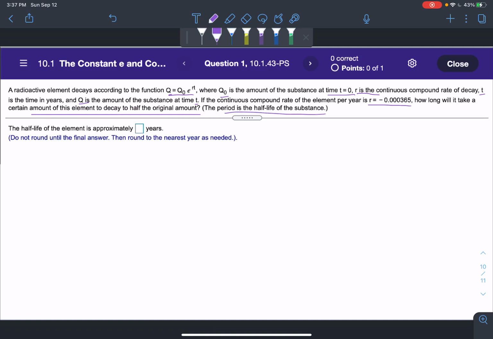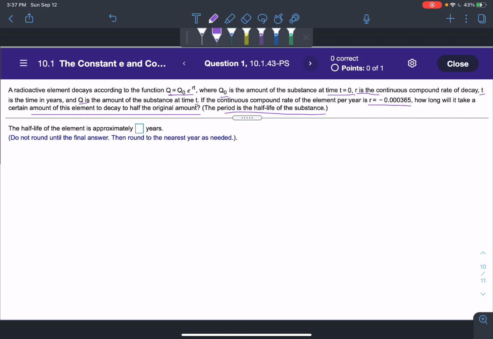So in the other questions, we were given an A, a P, and we knew e, and then r and t, right? But here, we're really missing the Q and the Q naught, because we know what R and T are. But I'm going to say that we don't actually need to know what Q and Q naught are, because we can use a little fact that they told us: we want to know its half-life.